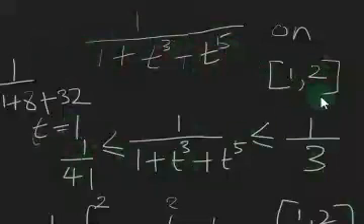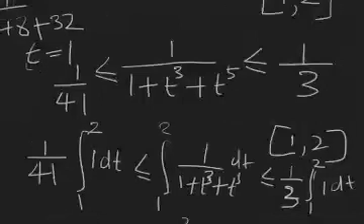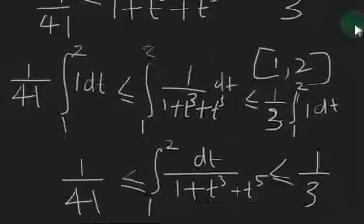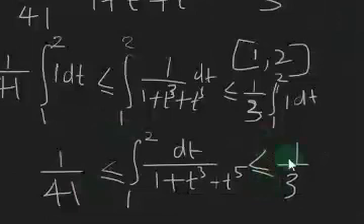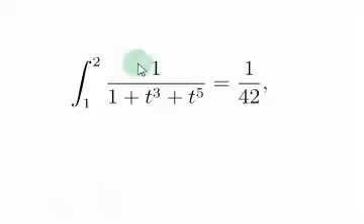Then you identify that the function is between these two values over this interval, then you integrate over the interval, and finally you get this result. This integral is always between these two values, but the question says the integral is equal to 1 over 42, which is false.